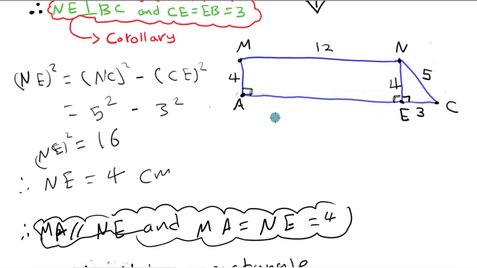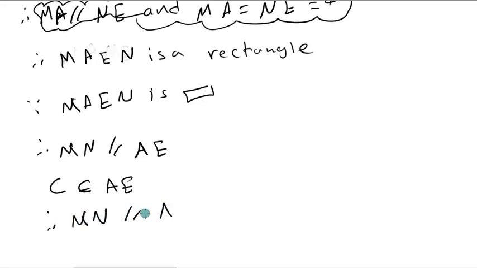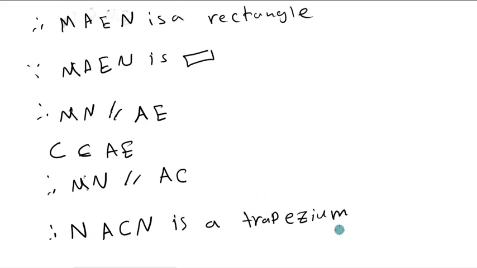You can note here that C belongs to the ray AE. Then MN is parallel to AC, since the figure MACN is a trapezium, and that is the first part of the first requirement.